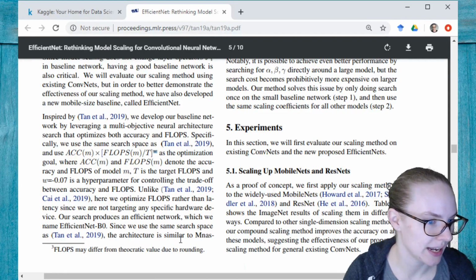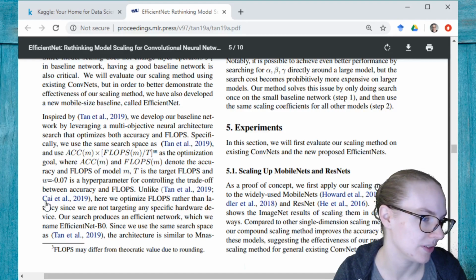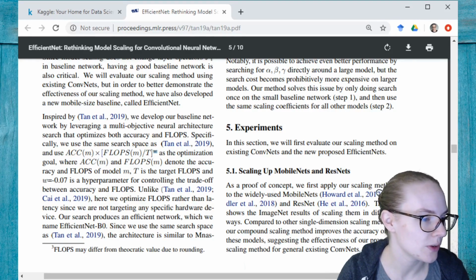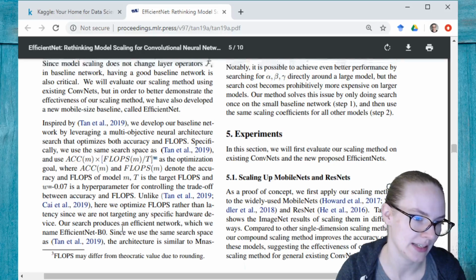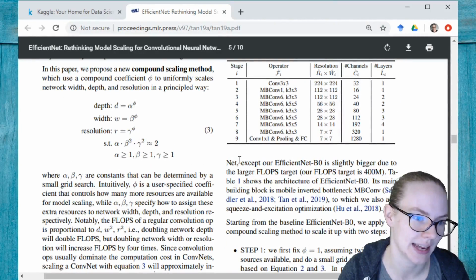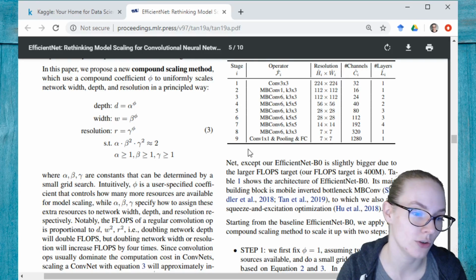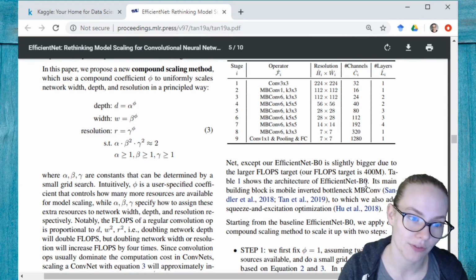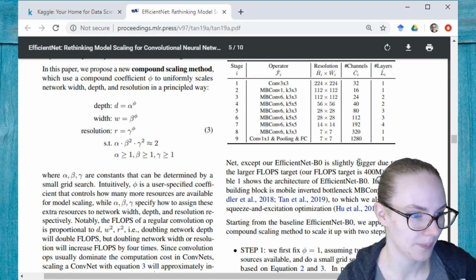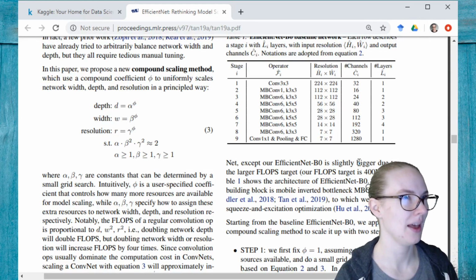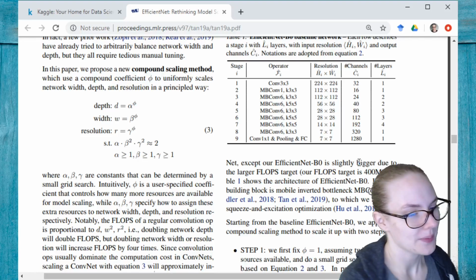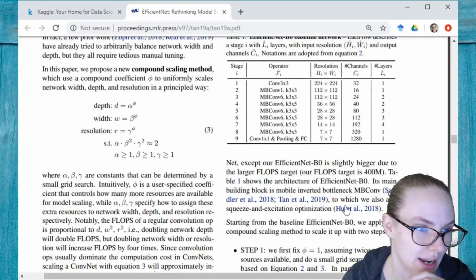Our search produces an efficient network, which we named EfficientNet B0. Since we use the same search as Tan et al. 2019, the architecture is similar to MnasNet, except our EfficientNet B0 is slightly bigger due to the larger FLOPS target. Our FLOPS target is 400 million. Table 1 shows the architecture of EfficientNet B0.